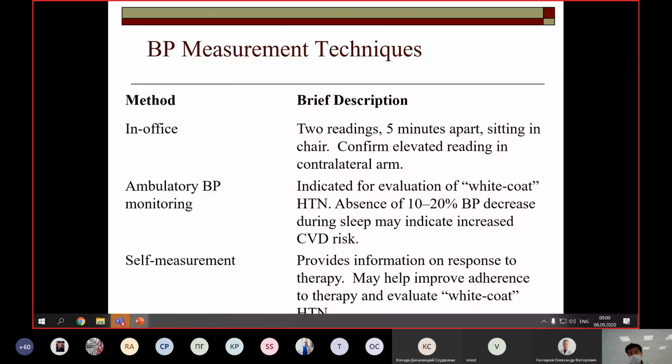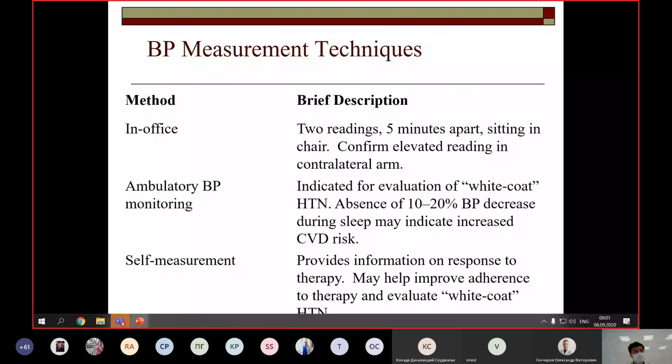But sometimes we have differences between office values and values reported by the patients; sometimes the self-measured BP is lower than the in-office BP. Ambulatory and home monitoring are generally recommended to minimize the effect of the physician's influence, to prevent patients getting nervous after a visit to the office, and sometimes to provide verification of masked hypertension and white coat hypertension.